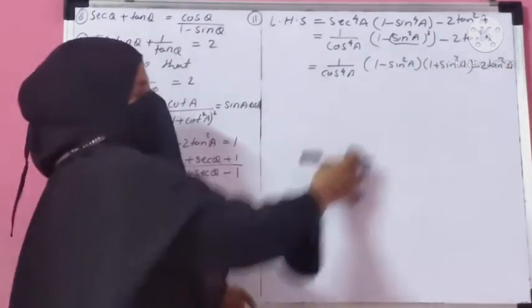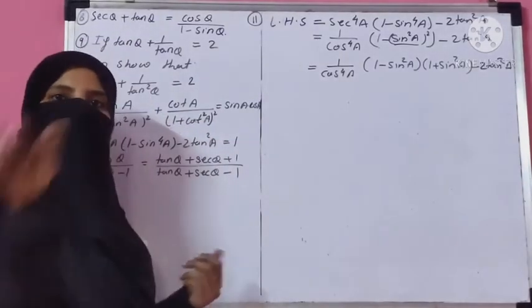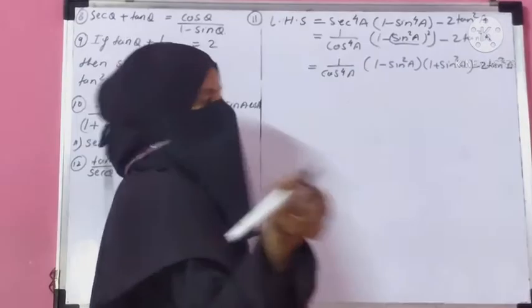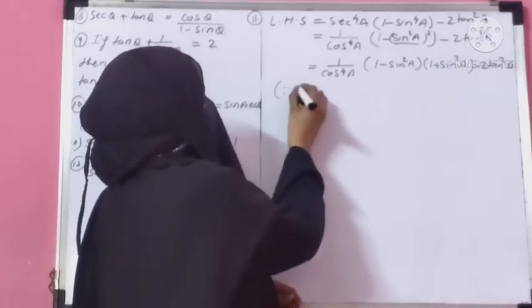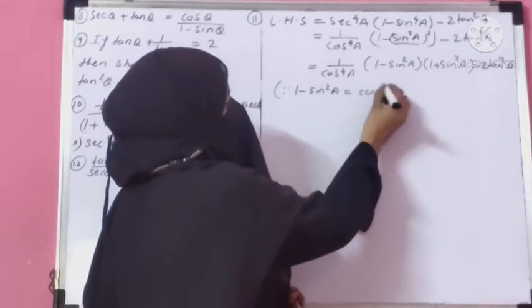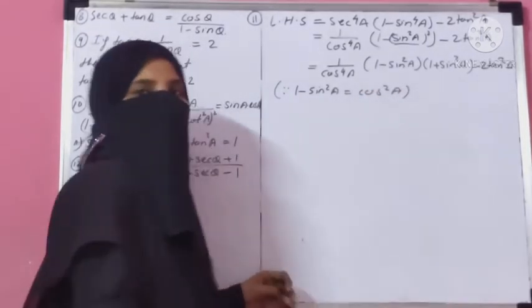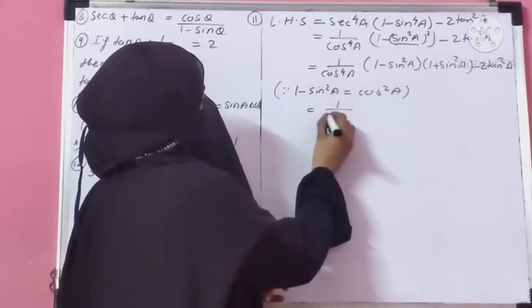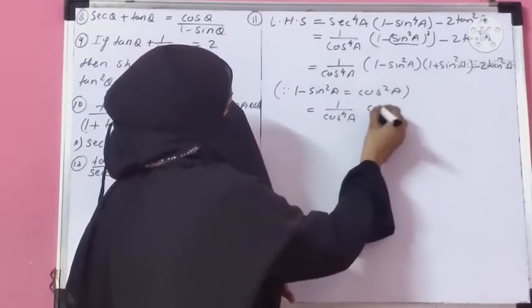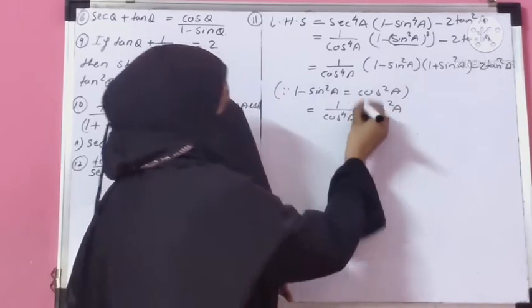1 minus sin square A is cos square A, as we discussed in identities. So apply this identity here. We have 1 upon cos raised to 4A, and here 1 minus sin square A is cos raised to 2A.